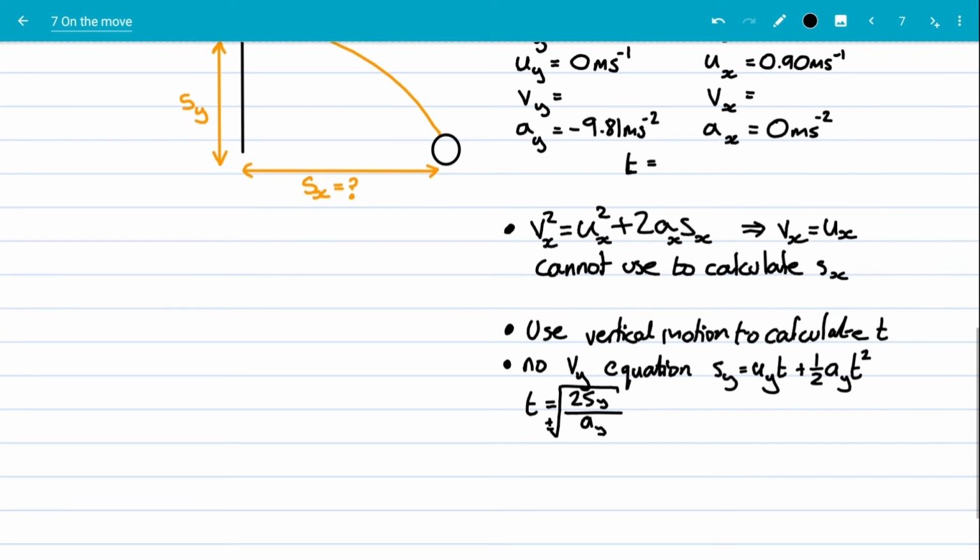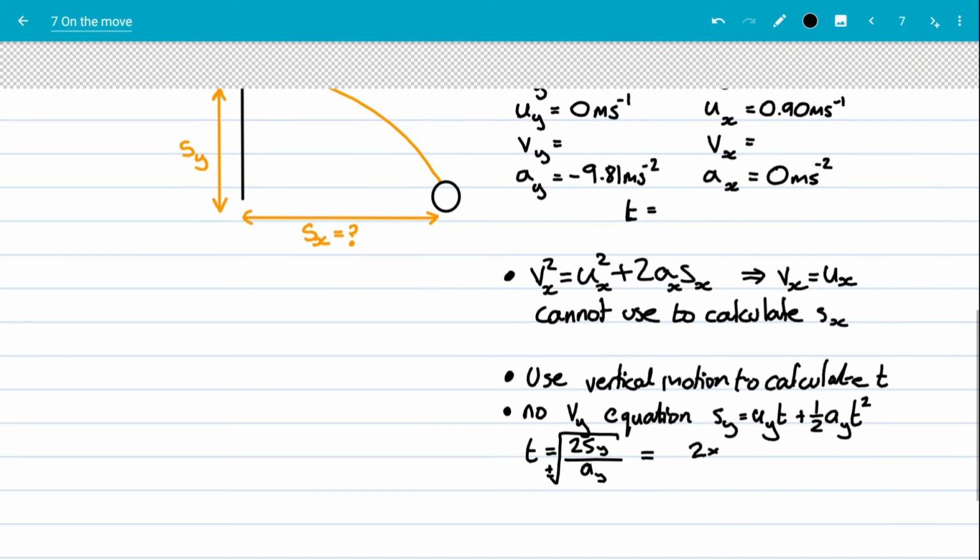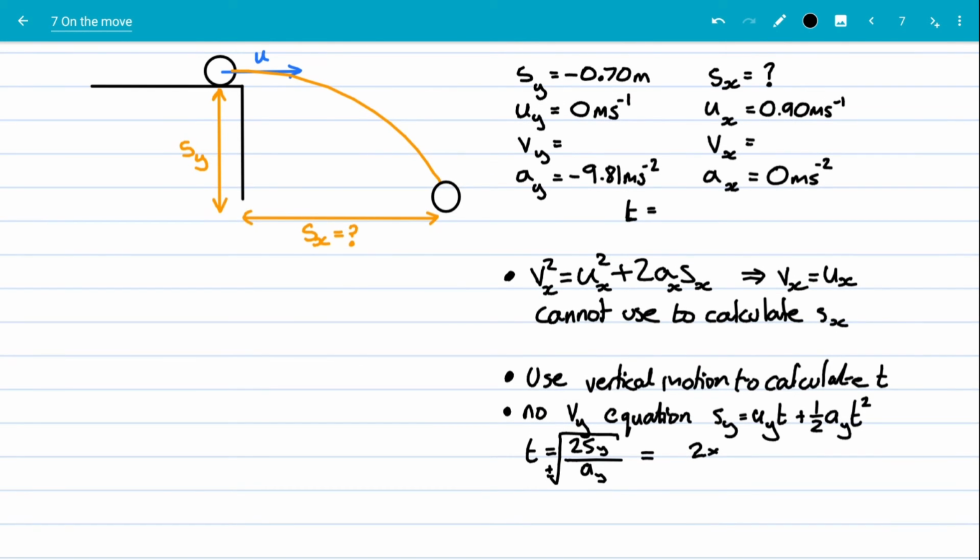So then we plug in our numbers, and we're going to say that 2 multiplied by, now we're falling a distance of, displacement is negative 0.70. And you're going to go, oh no, it's that pesky negative again under the square root. But don't worry, because the acceleration is negative 9.81, so those negatives are going to cancel. And if we do that, we get a time. So let's chuck that in my calculator.